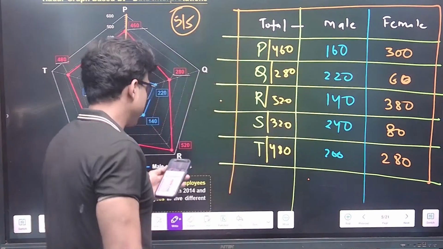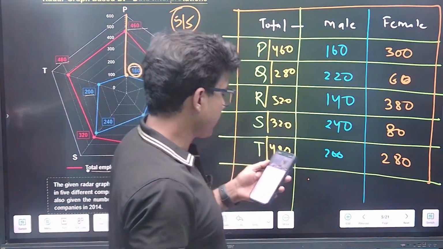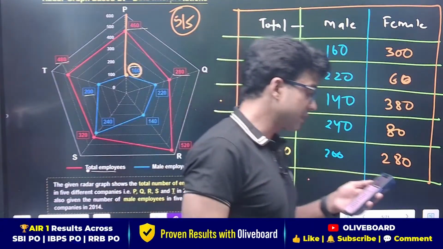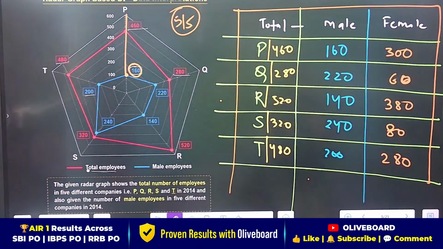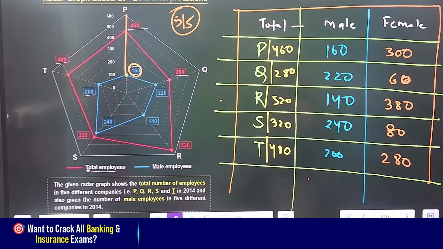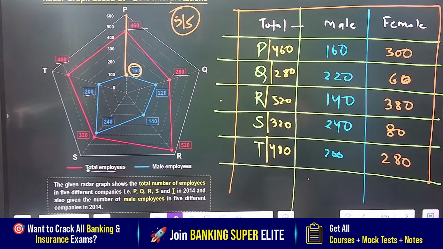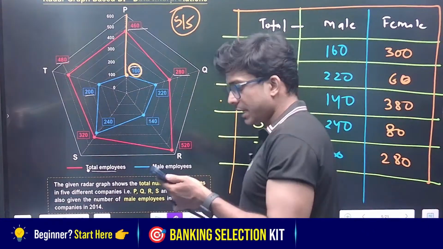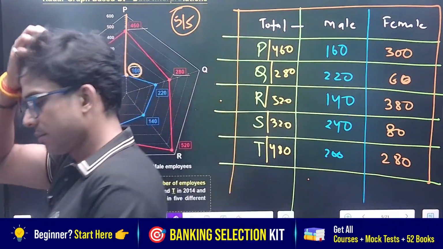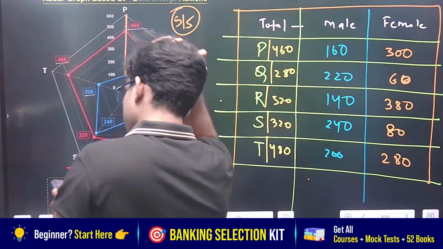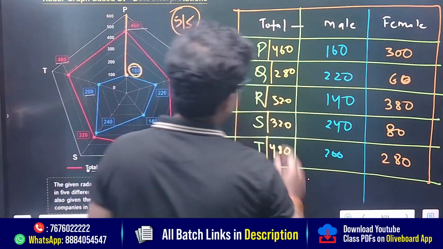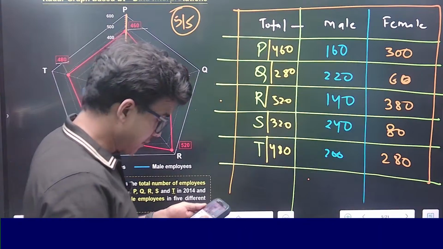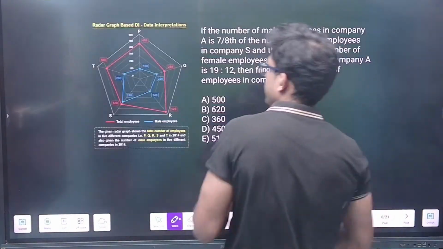Can you take the screenshot from here, guys? Please take the screenshot so that we can see the questions now. Nilaksh, please take the screenshot. Taken? Okay. Let's come to question number 1.